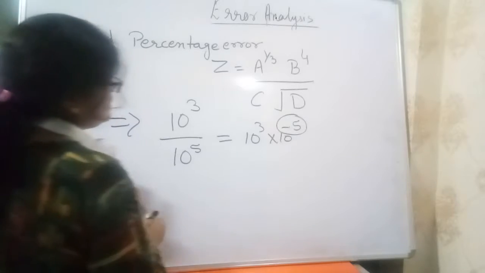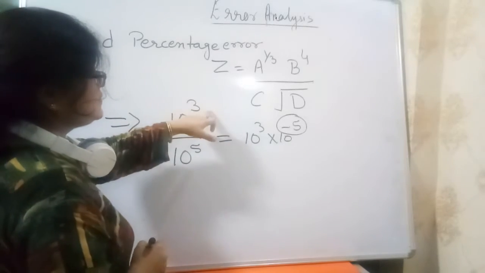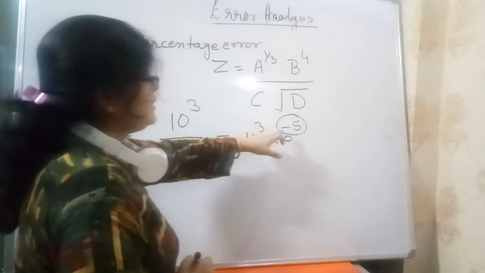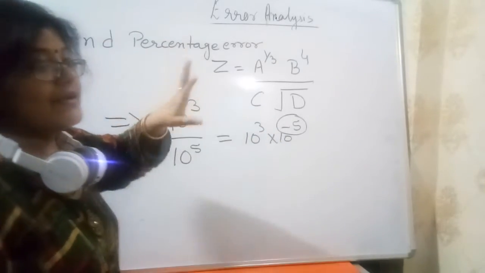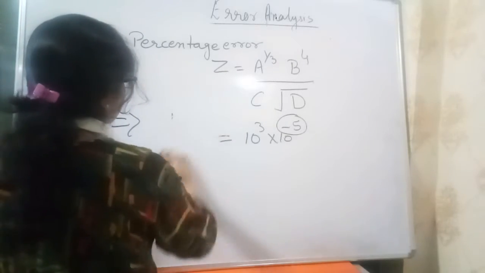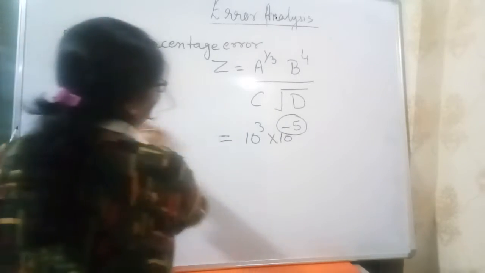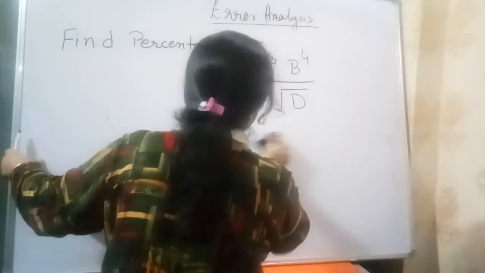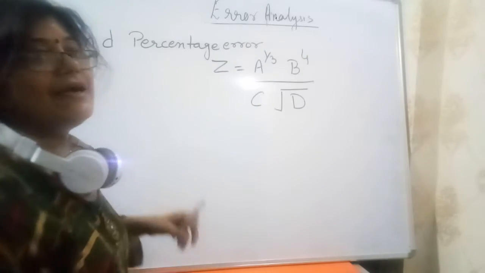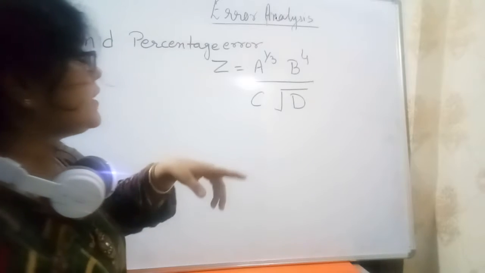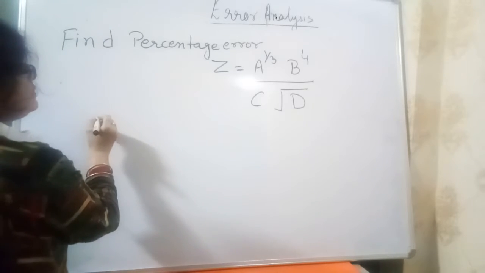Clear? That means when this digit goes into the numerator, its sign gets changed. But in error analysis, it doesn't happen. Whenever anything which is written in the denominator goes into the numerator, since it is an error, it is never subtracted. It always gets added. Okay, now see our question.